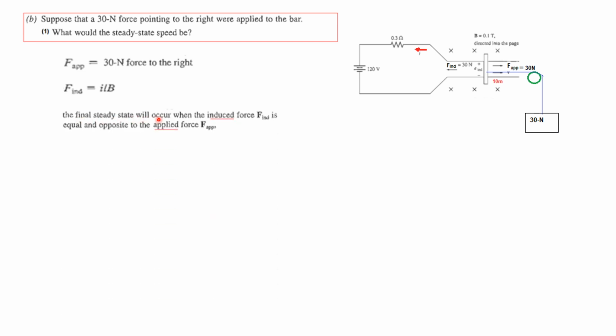The final steady state will occur when the induced force F induced is equal and opposite to the applied force. So the applied force is in this direction of 30 Newton. Therefore, the induced force has to be 30 Newton in the opposite direction for this bar to be in steady state condition.